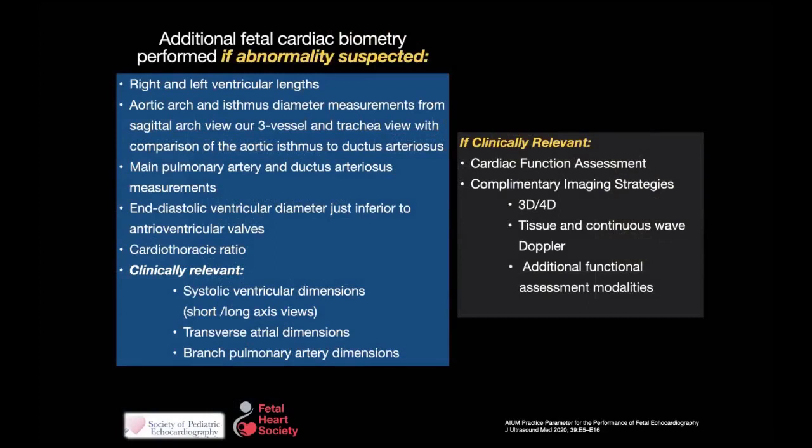Now, additional fetal cardiac biometry is performed if an abnormality is suspected. In case, there is right and left ventricular lengths. We have the aortic arch and isthmus diameter measurements from the sagittal arch view or 3 vessel trachea view.